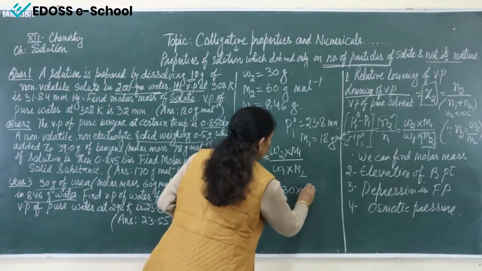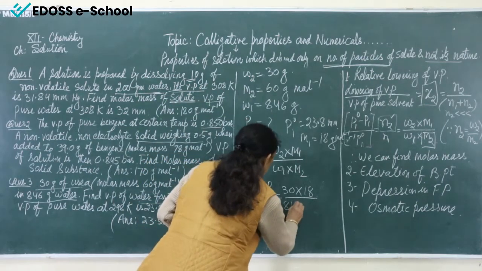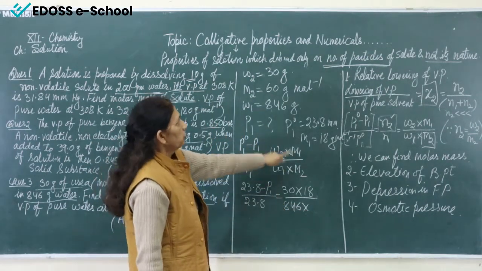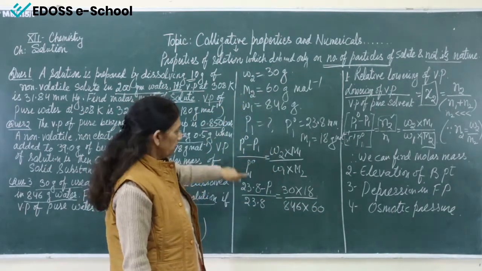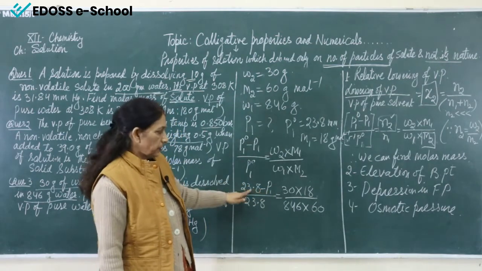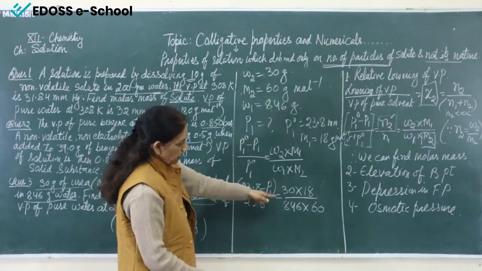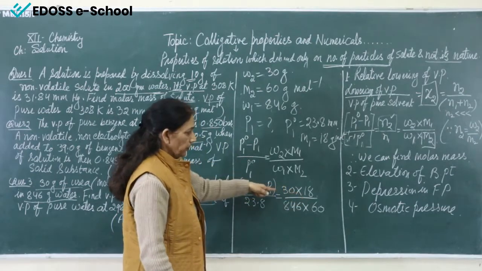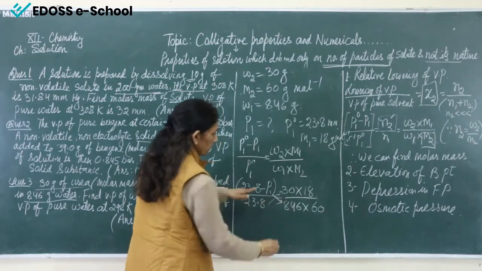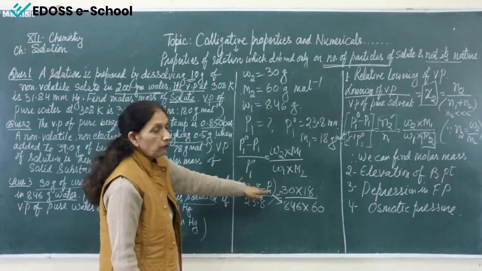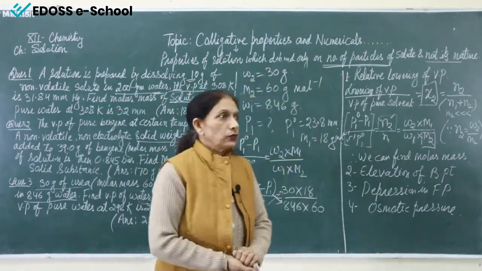So M1 we will write here 18, W1 is already given to you, 846, and M2 is already given to you, 60. In the earlier question we found M2, but here we have to find P1. Now this whole equation you will cross multiply like this, and then we can find the value of P1. And the answer will come. So in this way you can do the calculations.